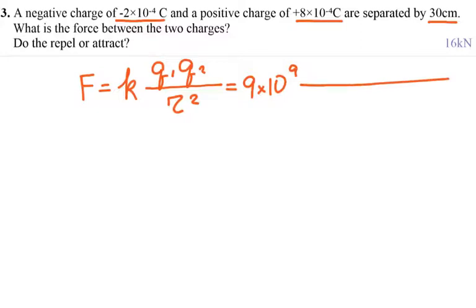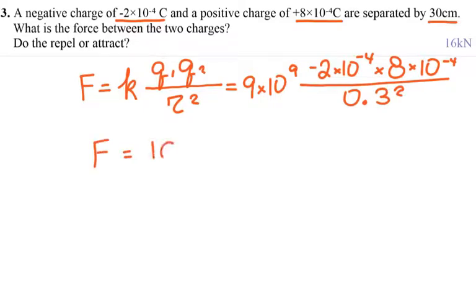The charge of the first one is -2 × 10⁻⁴, and the charge of the second one is 8 × 10⁻⁴. The distance is 30 centimeters, which is 0.3 squared. It looks like the force of attraction between these two is going to be 16,000 newtons.